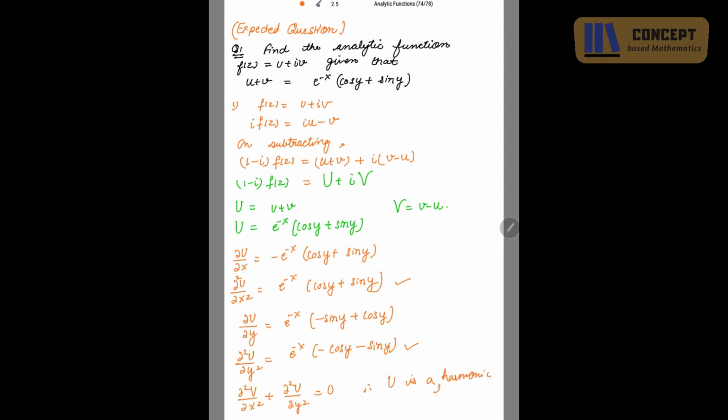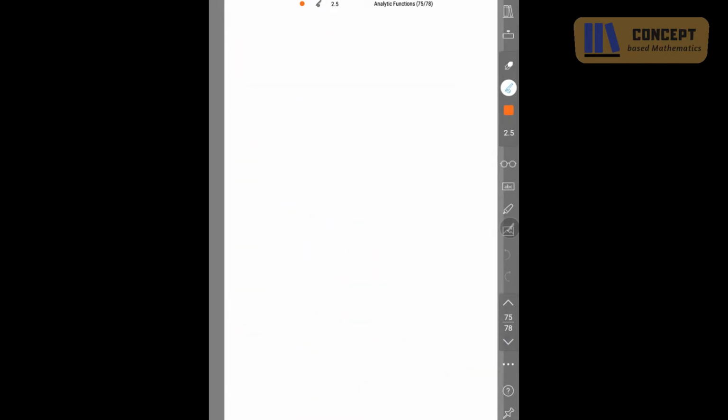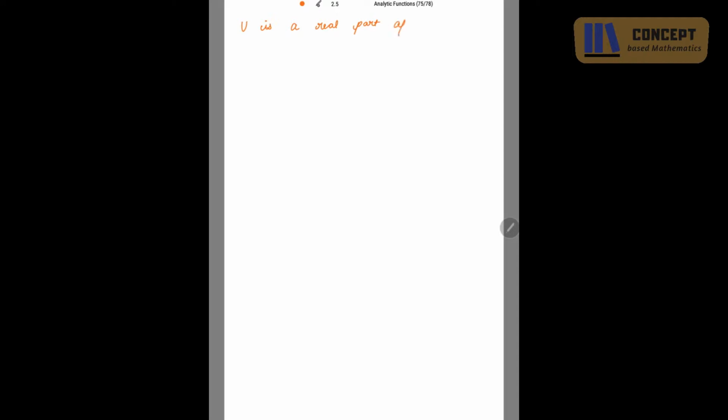It is a harmonic function. Now as this U is a harmonic function, we have to write U is the real part of some analytic function.